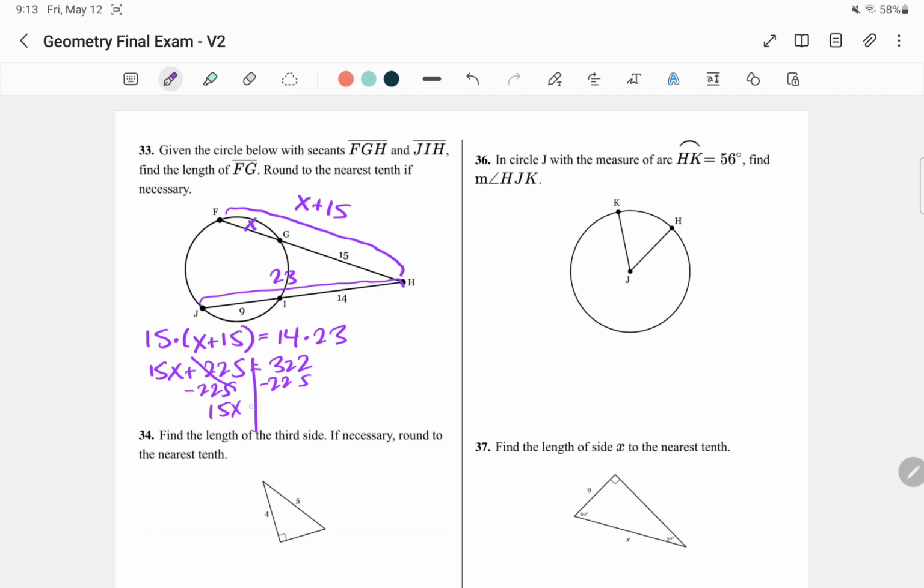You get 15x is equal to 322 minus 225, which is 97. Now I'm going to divide both sides by 15. My last step is 97 divided by 15 to give me 6 point something, and to the nearest tenth it's going to be 6.5.